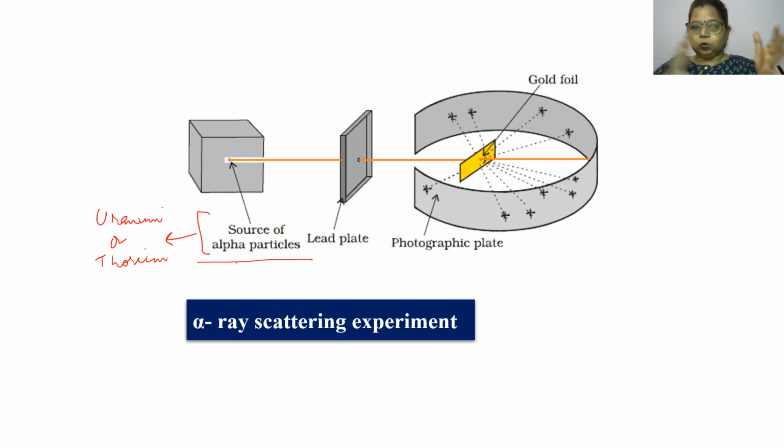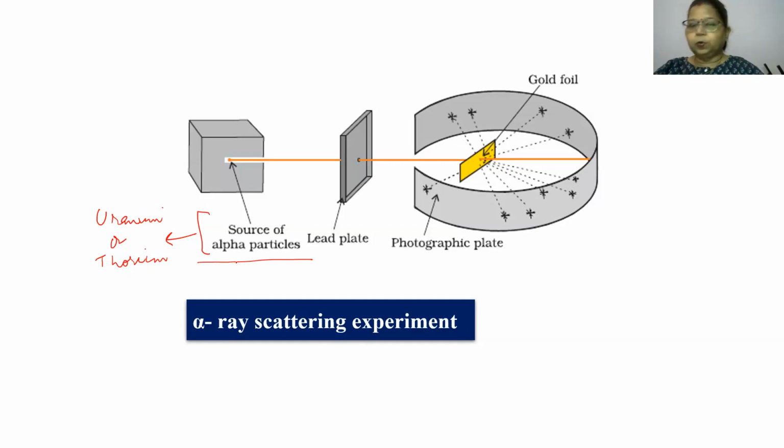From the source, alpha, beta, and gamma particles can be thrown out in all directions, and they may be harmful. Lead is there to absorb the extra beta and gamma particles. This lead plate has a small hole from which only the alpha particles are allowed to move, right?